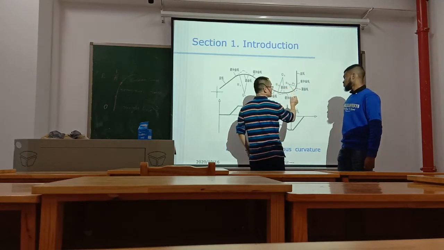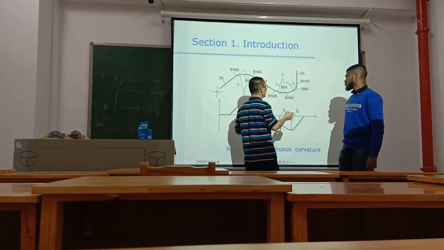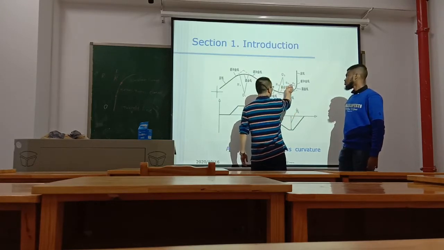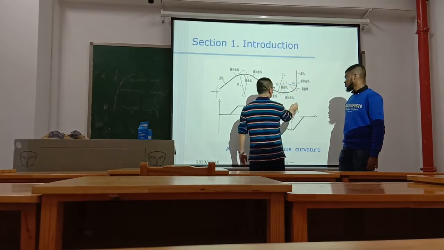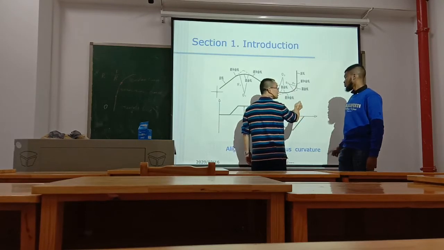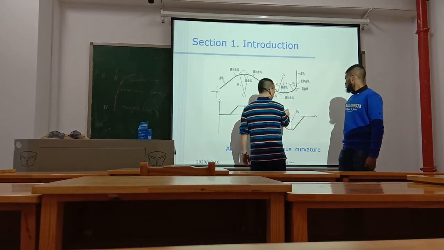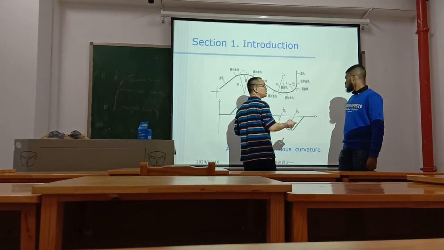The radius is different. One is 1 divided by R2. The other circular curve is 1 divided by R3. So these two are different.